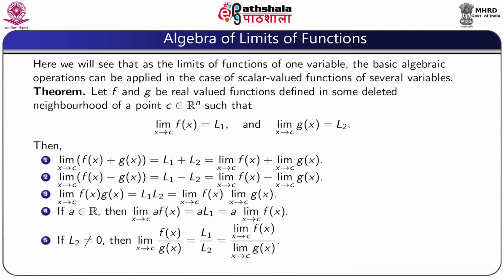If a is any real number, then the limit of the function a f(x) as x approaches c is a times L1. And finally, if L2 is different from 0, then the limit of the function f(x) by g(x) also exists as x approaches c and its value is L1 by L2. That is, if the denominator limit does not vanish, then limit of quotient equals quotient of limits.